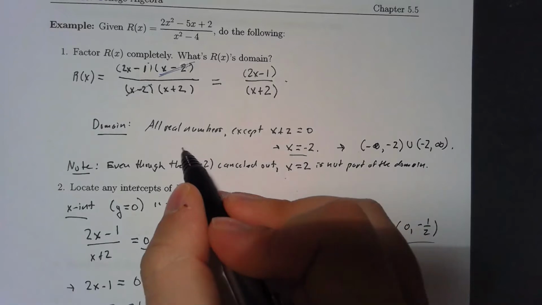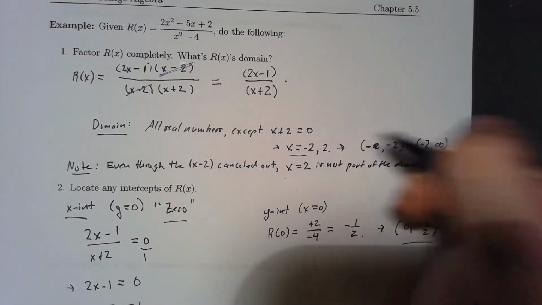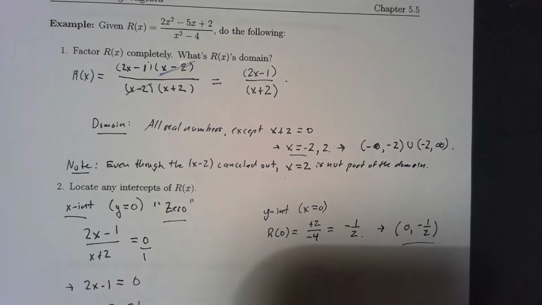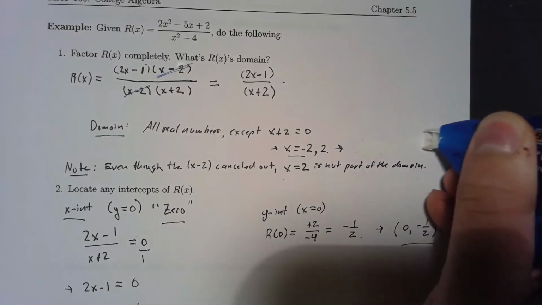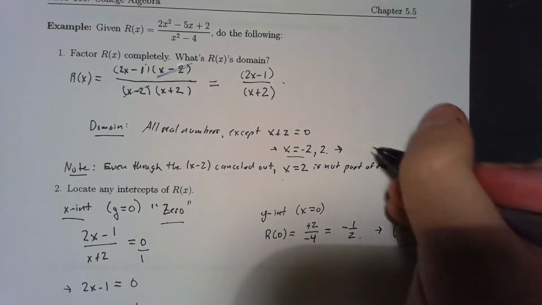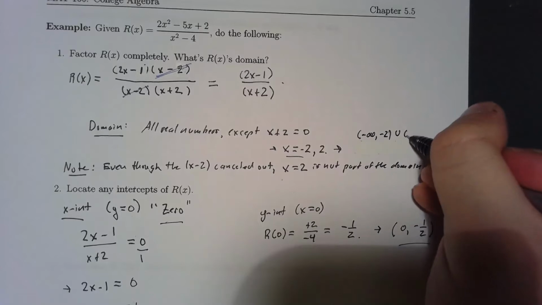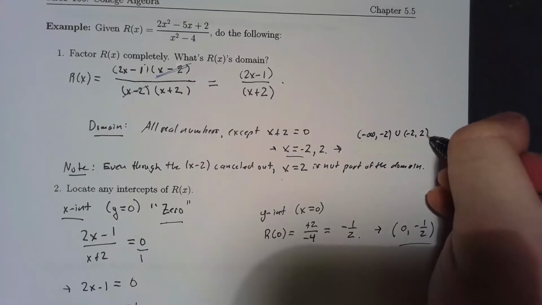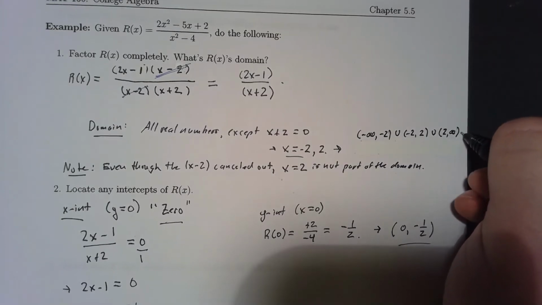So actually, all real numbers except negative 2 and 2. So my domain is really the following. Negative infinity up to negative 2, negative 2 up to 2, and from 2 to infinity. That's my domain.